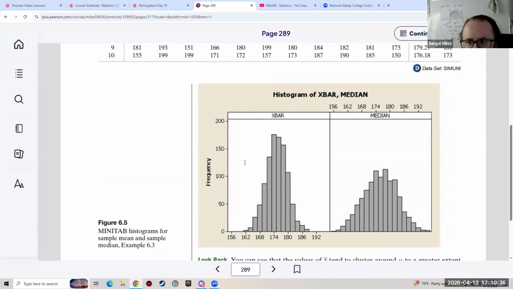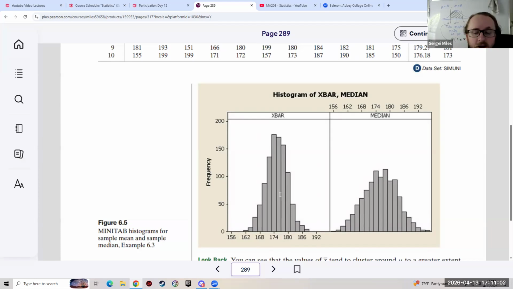The height of the bar represents the frequency. How many times did that average appear? It looks like in this graph, 174 appeared the most times. We also have another bar next to it that's pretty high, somewhere between 174 and 180, maybe like 176. I'm not sure what the scale is here exactly.